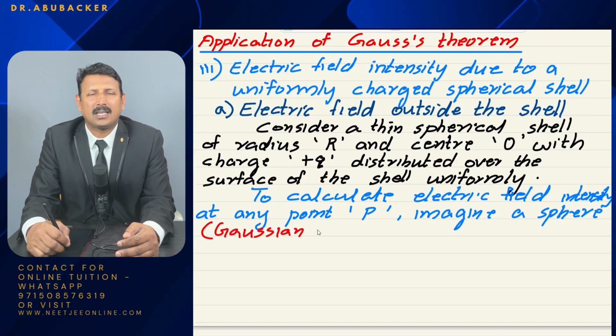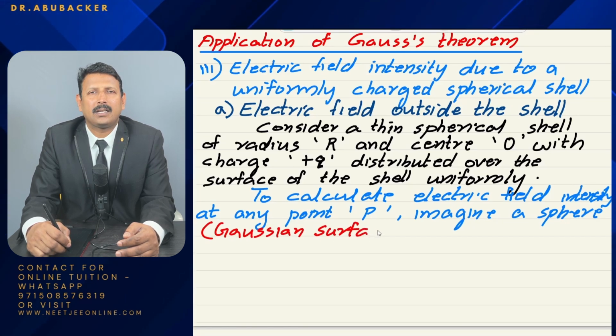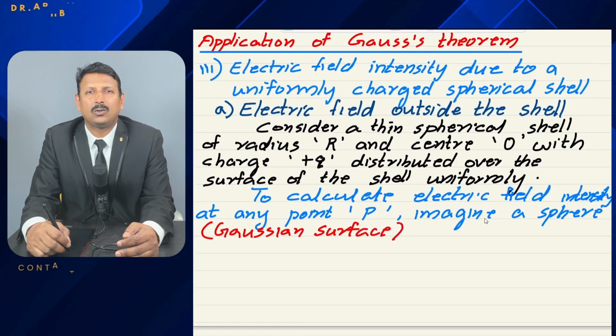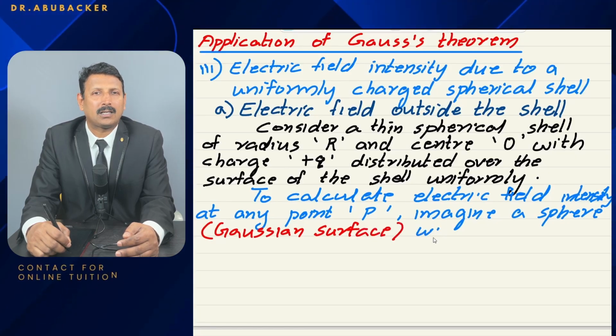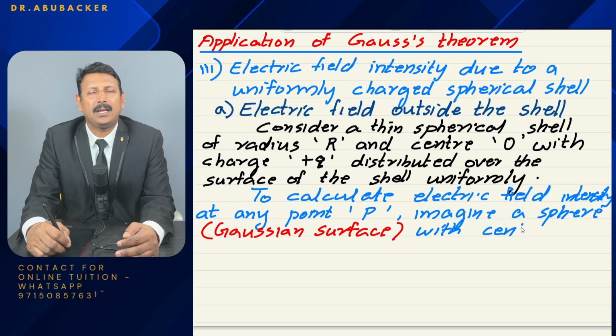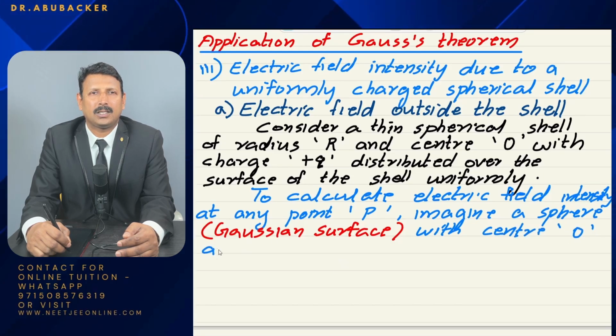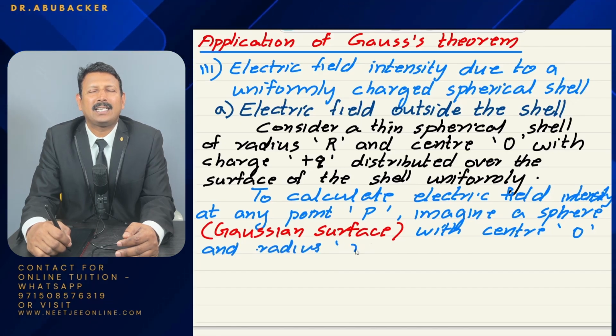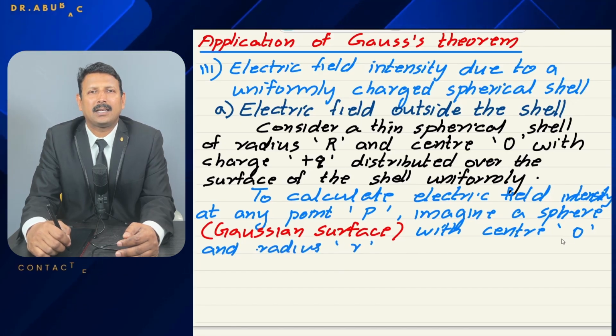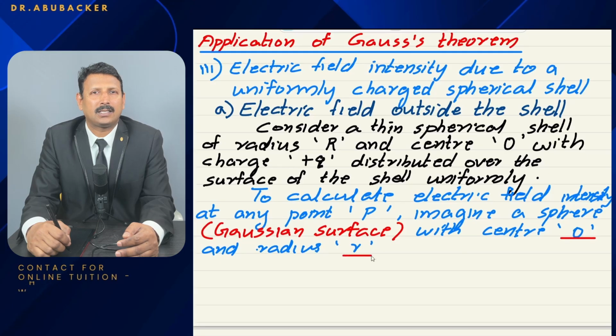The task here is to find the field produced due to these charges spread over the surface at the point P, which is at a distance small r from the center of the shell. To calculate the electric field intensity at any point P, where is the point P located? Outside the shell.